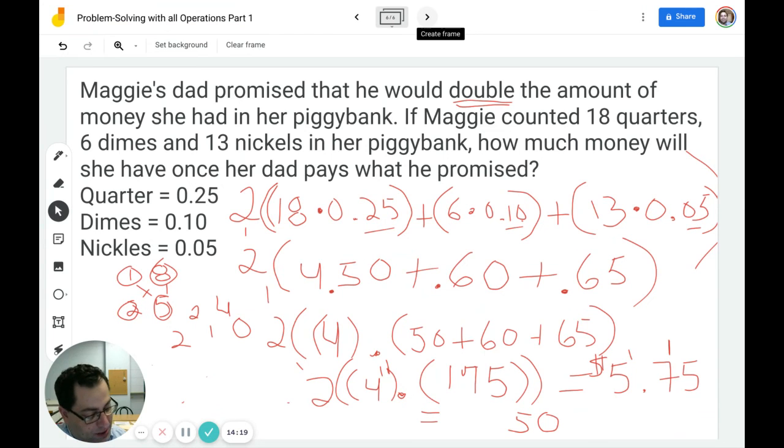And 2 times 5 is 10 plus 1 is 11. We have 2 decimal points in 75. Therefore, I put my decimal point right here after the 11. That's money. Maggie is going to have $11.50 once her dad pays her double.